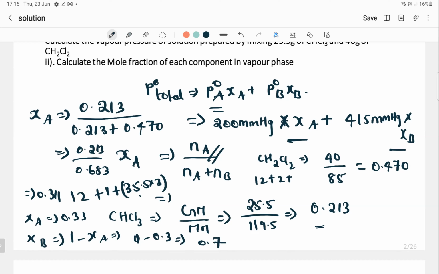Okay, now substitute everything in your formula. P total is equal to... you know the value of XA. XA is 0.3, correct? And your XB is 0.7.